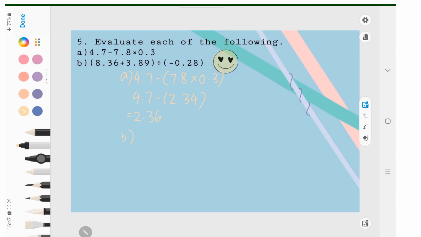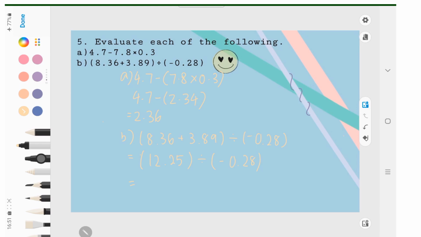B. Open bracket 8.36 plus 3.89 close bracket divide negative 0.28. So we solve the 8.36 and 3.89 because it's in the bracket. 8.36 plus 3.89 equals 12.25.